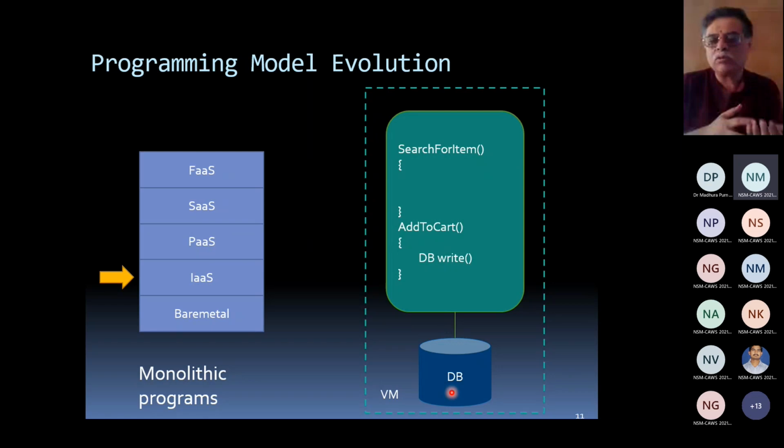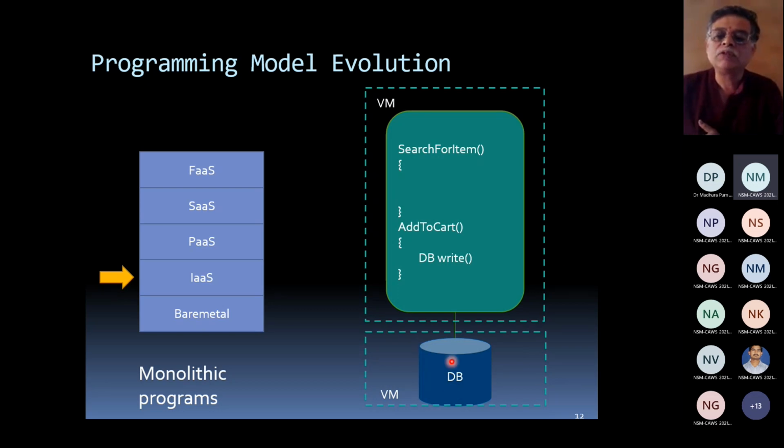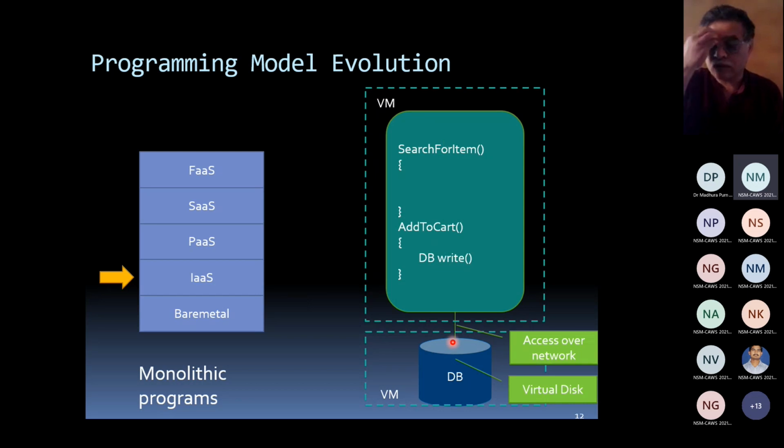You could be running both on pretty much a single VM, or just to mimic the way it was done in the other way, you could run it on two different VMs. Key being that this would be a virtual disk, and you would access the database actually over the network. So this is a virtual disk, and the DB write gets translated to a network access automatically over two VMs.